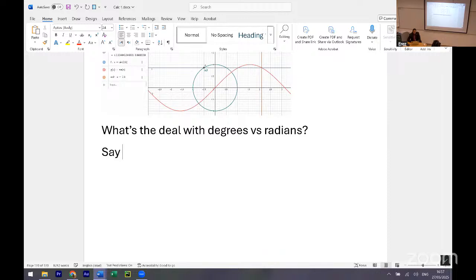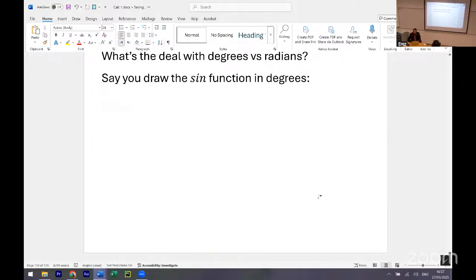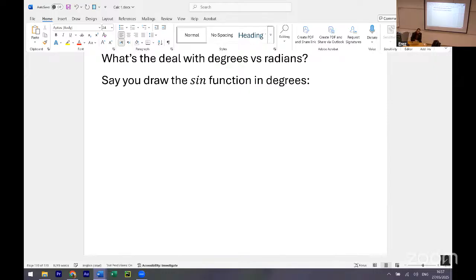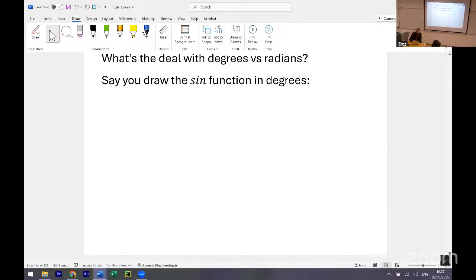Say you draw the sine function in degrees. And I'll give you a schematic of it, mainly because if I draw it in GeoGebra, it will give you a huge hint to the answer to my question.